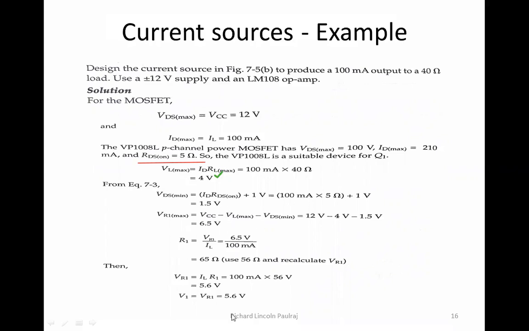So are we getting 1.5? 100 milli you can multiply with 5, right? And to that value you add 1. So maybe you should be getting about 0.5 for the braces and plus 1. Are the values right?